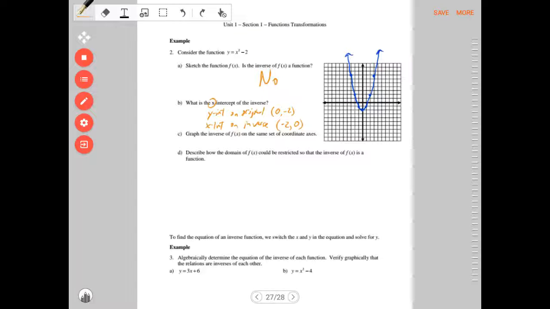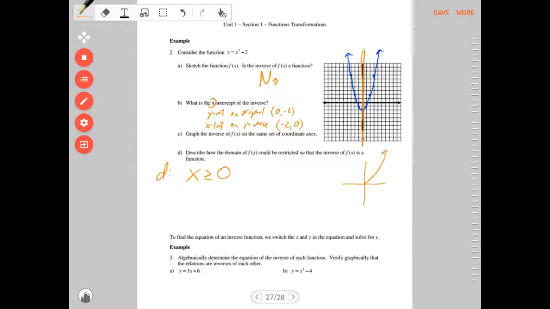The idea is, if we restrict the domain, we get rid of part of it. What we want to get rid of is half of the graph. So we get rid of either one side or the other. Tell you what, if I make the domain x is bigger than or equal to 0, look what this graph becomes.